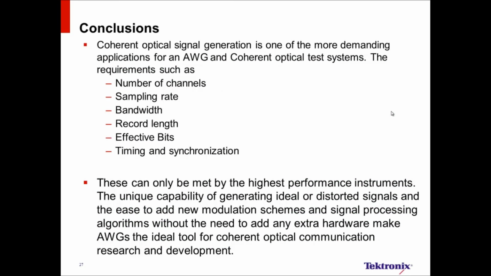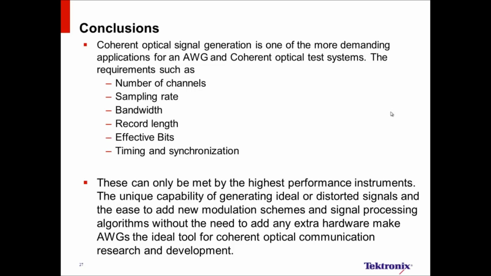So I know I'm going through this fairly quickly, but in order to generate clean, coherent signals at these baud rates, there are some characteristics that you need to look at when you're looking at the generation equipment. Of course, number of channels, or being able to synchronize these channels. The sample rate we talked about.